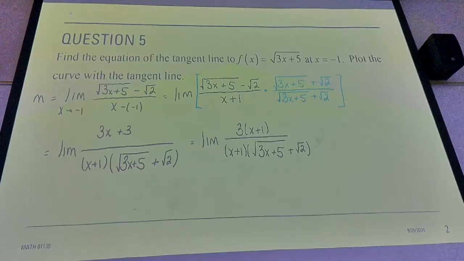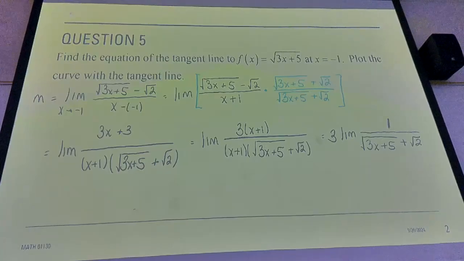Factor out a 3 from the numerator. Then what we're left with is this limit. What's that limit?